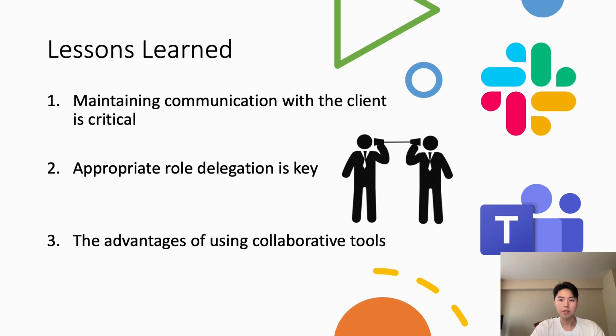We also learned that using collaborative tools such as Teams, Microsoft Teams, and Slack can help maintain organization and improve productivity. Using these tools allowed us to track project progress, assign tasks, and communicate more effectively.